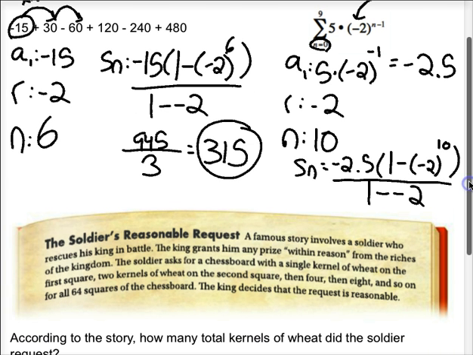So we type this in carefully. I'm going to take care of the top first. And on top, I am getting 2557.5. And on the bottom, I'm getting 3.